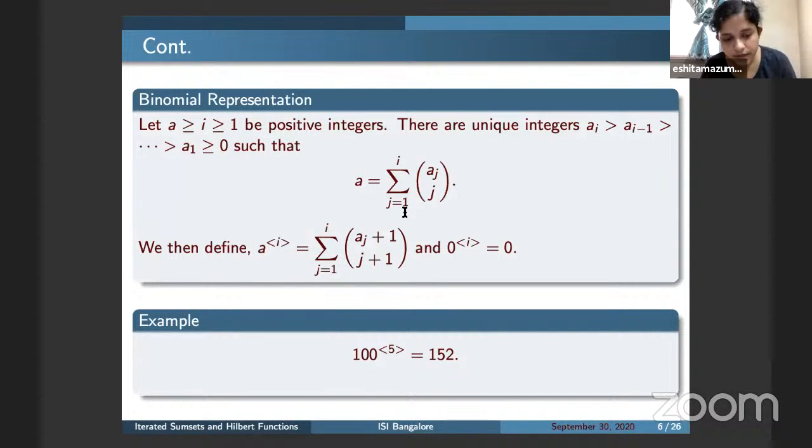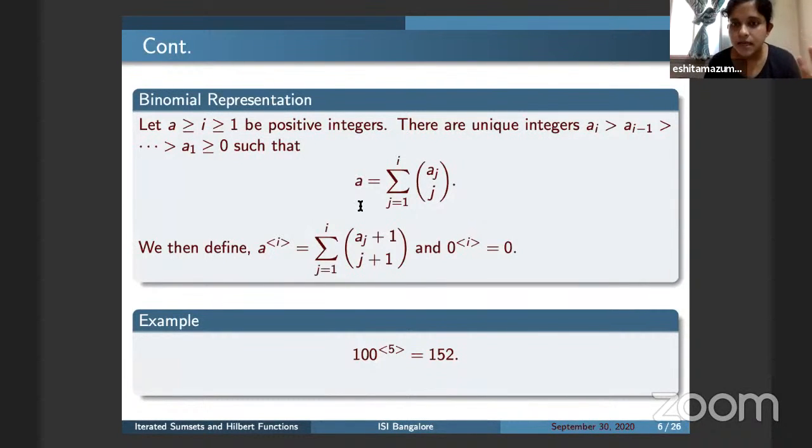First try to calculate the binomial representation, let's say the fifth one. You just try to find the largest possible value of this a_i so that it will cover your a.